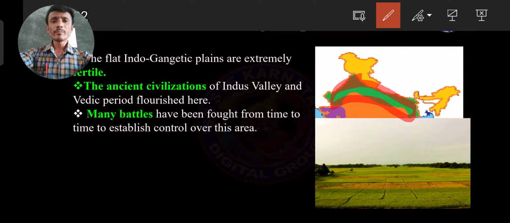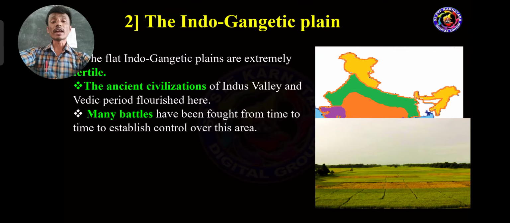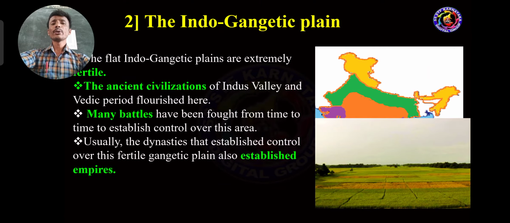To control this place, so many dynasties have fought, because this area is flat and has fertile soil. Usually, the dynasties that established control over this fertile Gangetic plain also established empires.